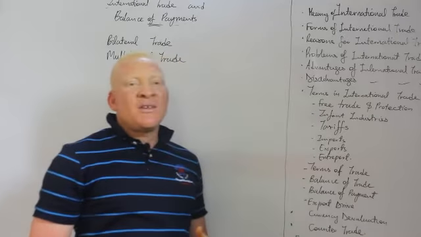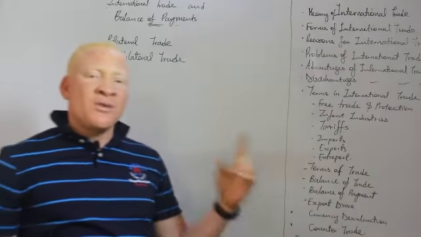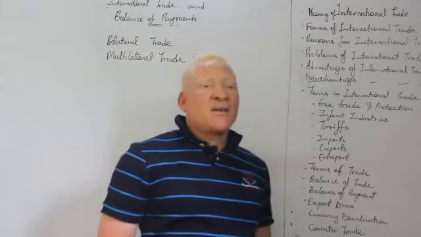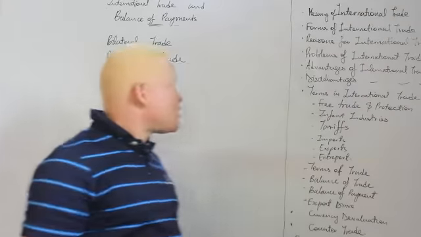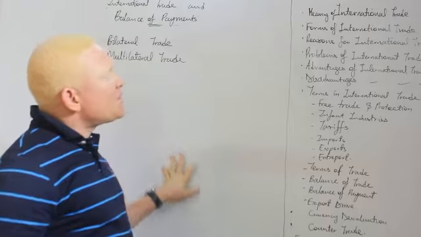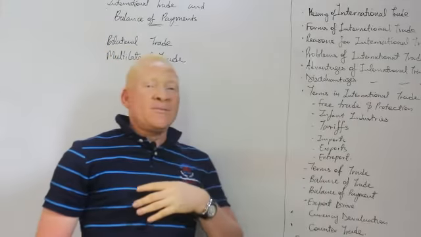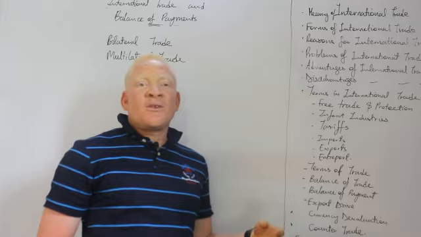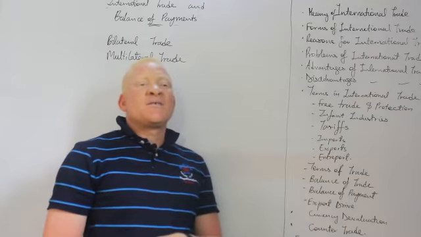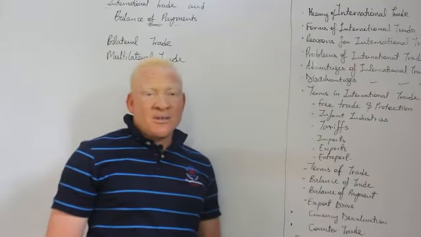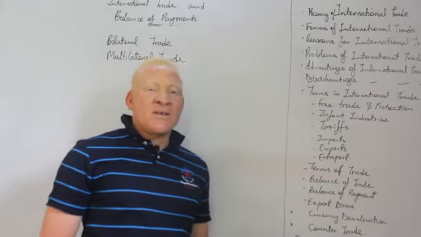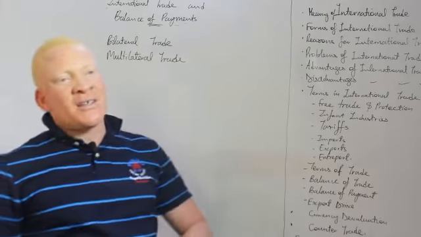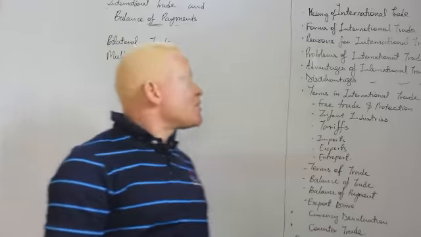One country would be the supplier, and only one country will be the buyer. But multilateral trade agreements refer to the form of trade that comprises more than two countries. So bilateral comprises just two, multilateral involves more than two.